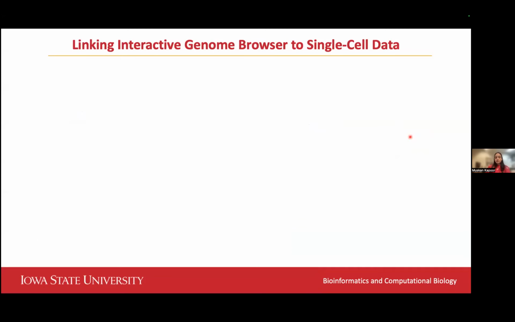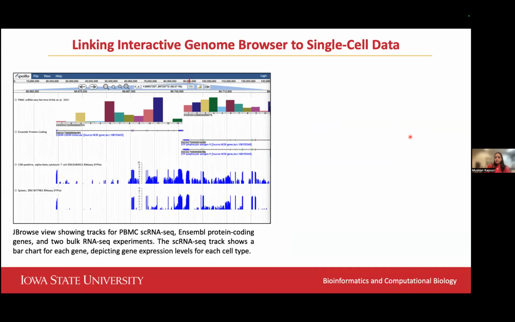So we tested and developed prototype tools to visualize the output of single cell data from Terra on a genome browser and compare it across tissue and cell populations. So this is a JBrowse view showing tracks of the PBMC single cell RNA-seq data. So the single cell RNA-seq data shows a bar chart for each gene, depicting gene expression level for each cell type.